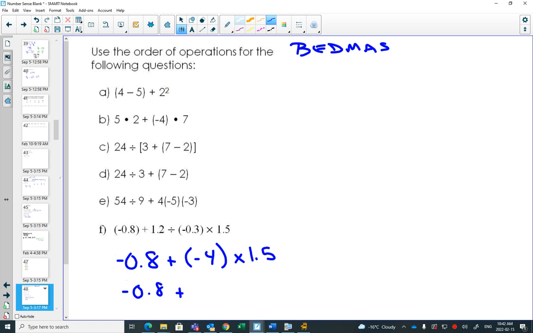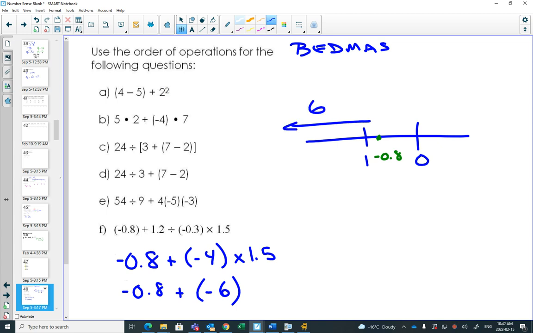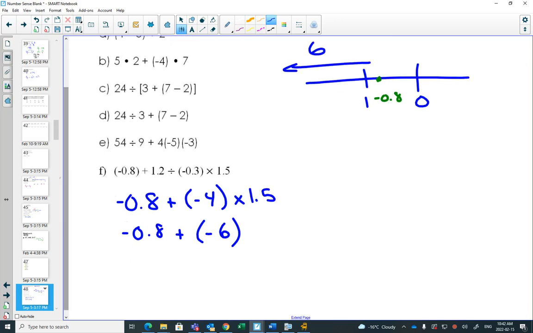And because it is a negative times a positive, we would have negative 6. And now think of your number line. Here's 0, here's 1. You are at negative 0.8, and you need to go 6 in that direction because you're subtracting 6. Where would you end up? Negative 6.8.